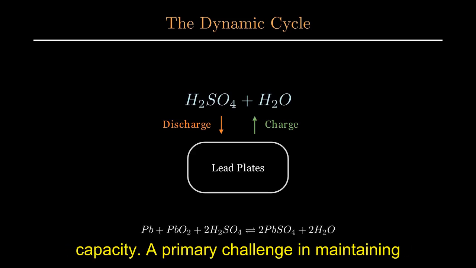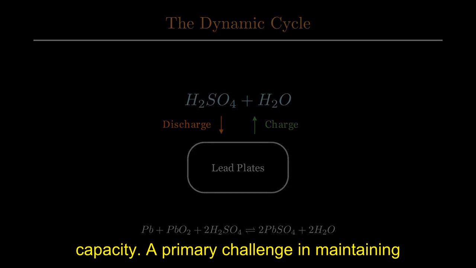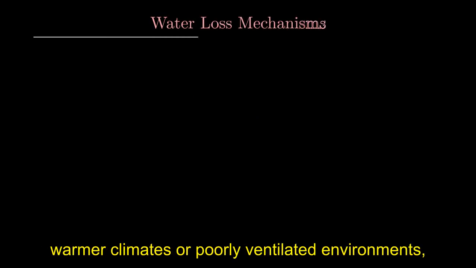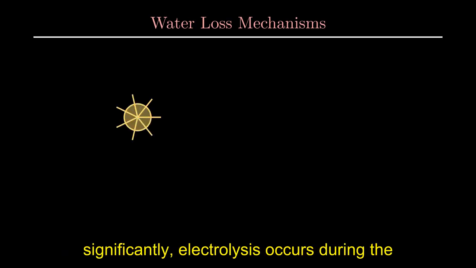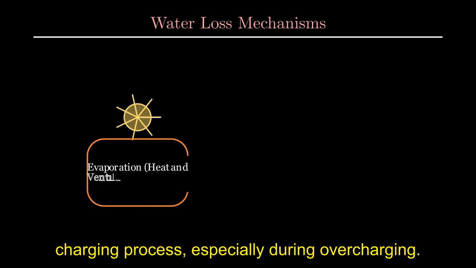A primary challenge in maintaining electrolyte balance is water loss, predominantly through two mechanisms. Evaporation, particularly in warmer climates or poorly ventilated environments, slowly reduces the water content. More significantly, electrolysis occurs during the charging process, especially during overcharging.